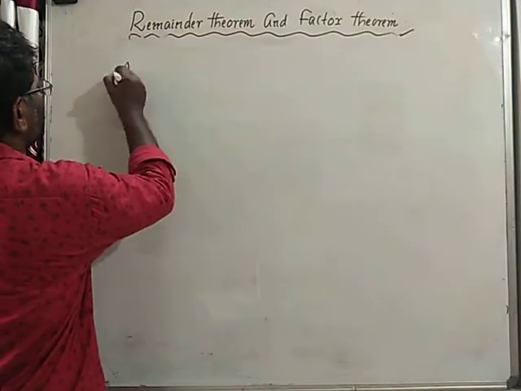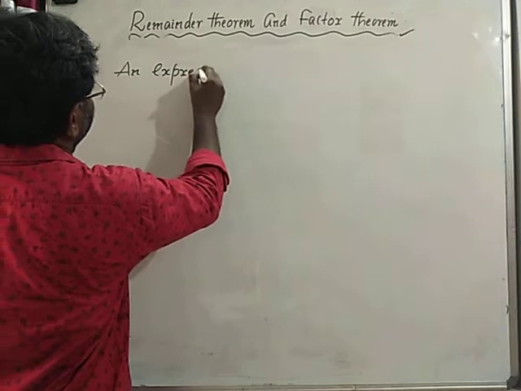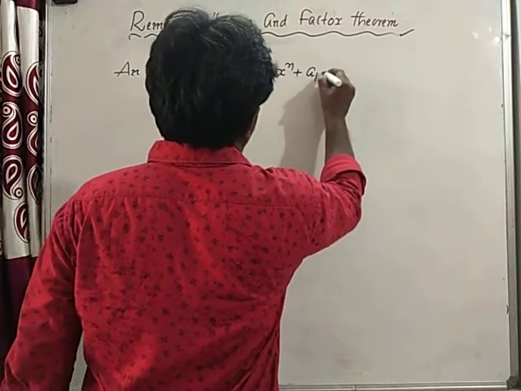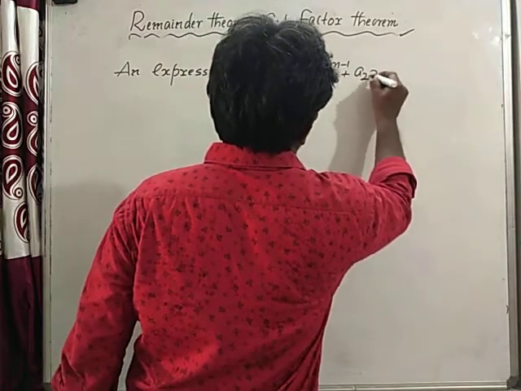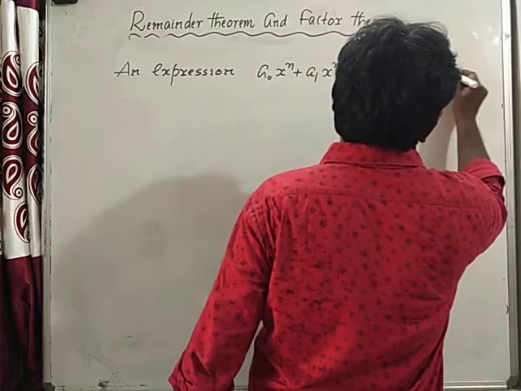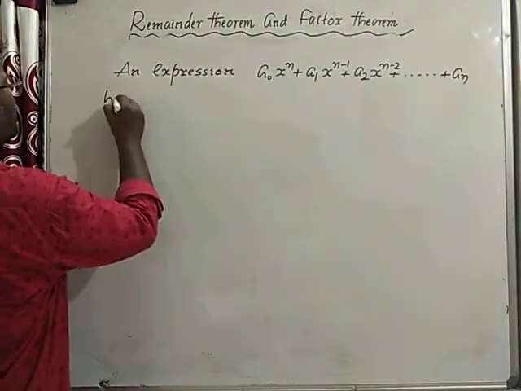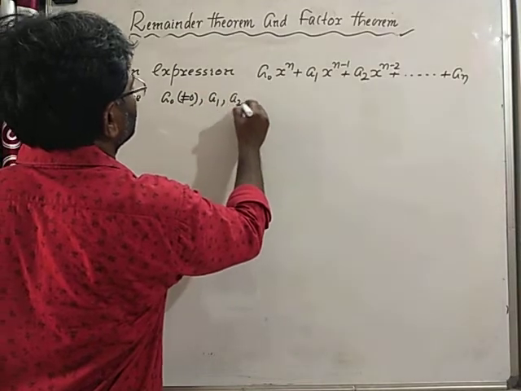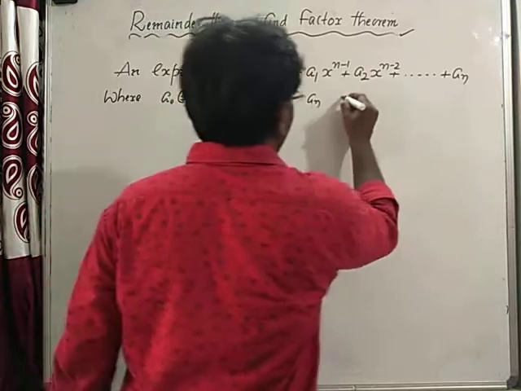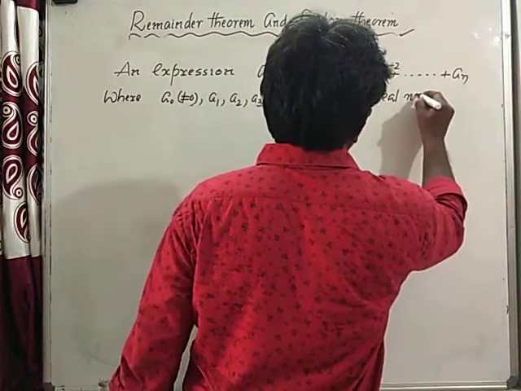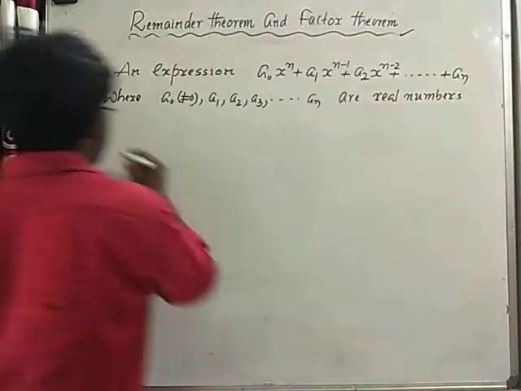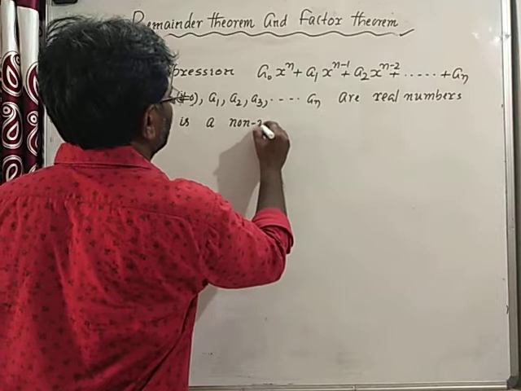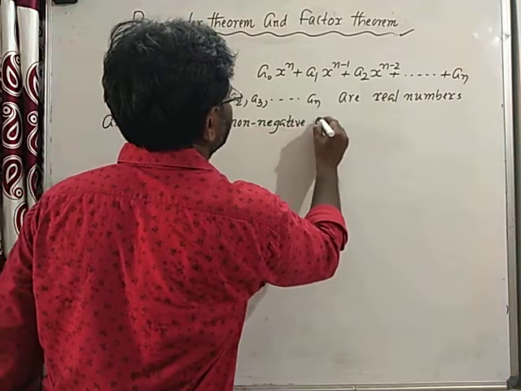See, an expression a naught x power n, a1 x power n minus 1, a2 x power n minus 2 plus and so on an, where a naught not equal to 0, a1, a2, a3 and so on an are real numbers and n is a non-negative integer.